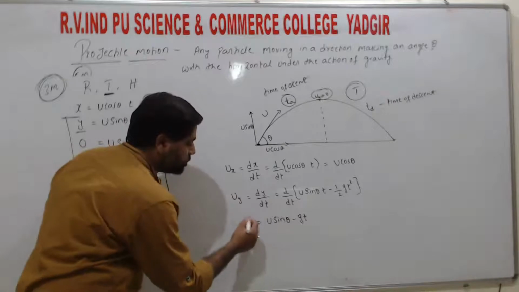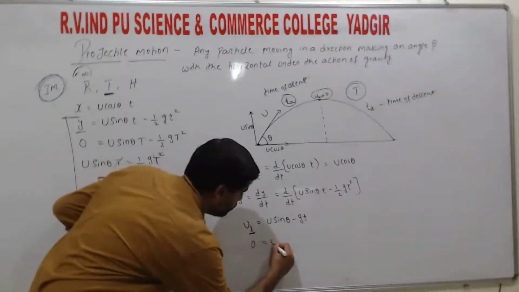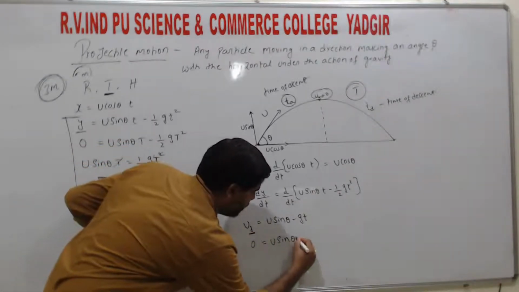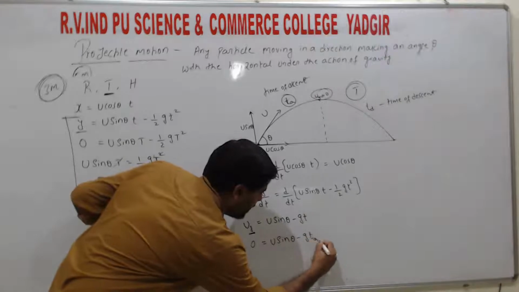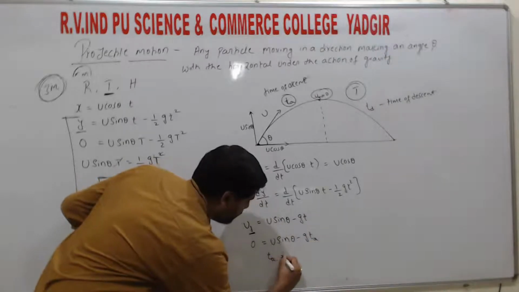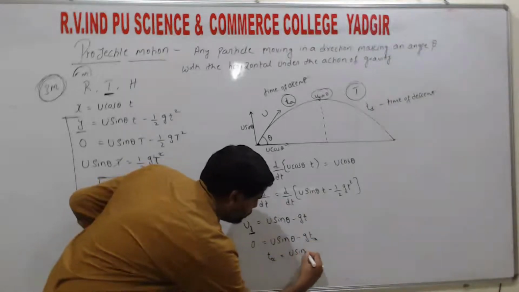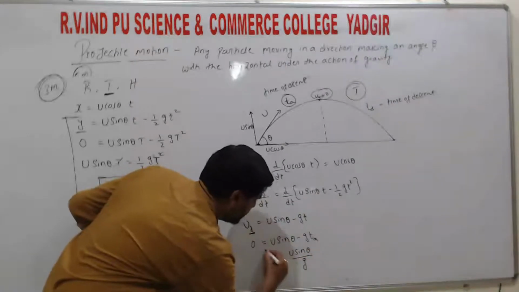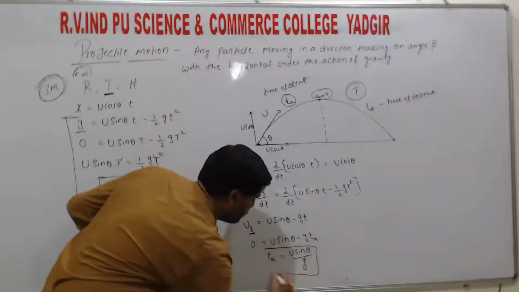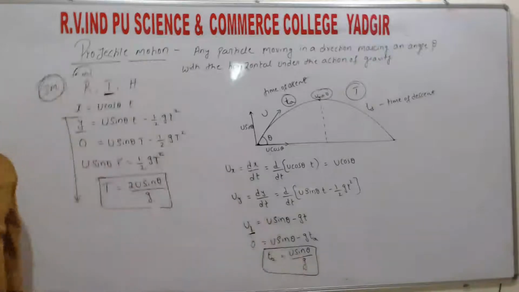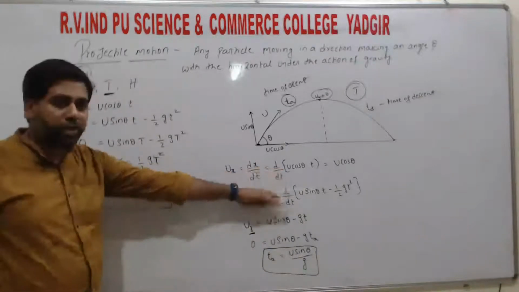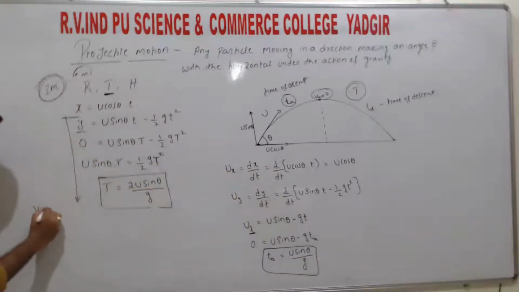So uy becomes 0, so 0 is equal to u sin theta minus g into time of ascent, right? So time of ascent is equal to u sin theta by g, right?